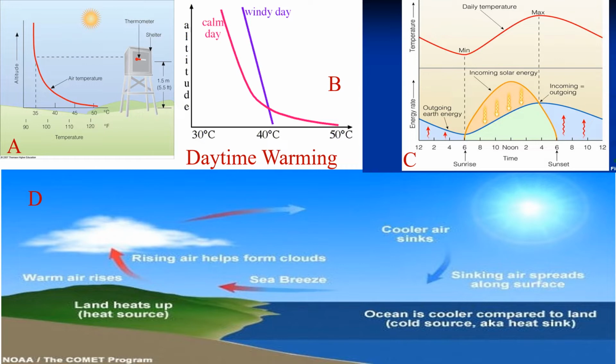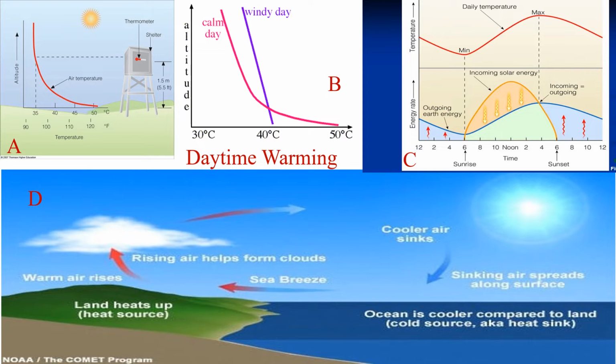As the sun rises in the morning, sunlight warms the ground, and the ground warms the air in contact with it by the process of heat conduction. We know about conduction. However, air is actually a poor heat conductor, and this process only takes place within a few centimeters of the ground.